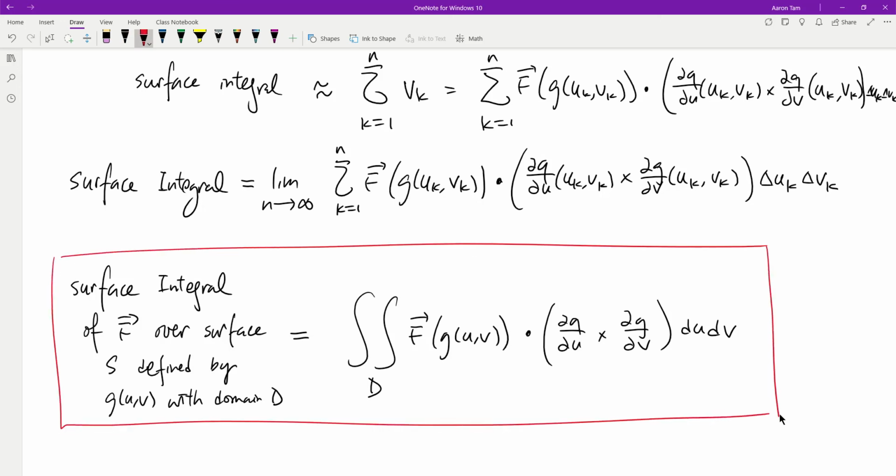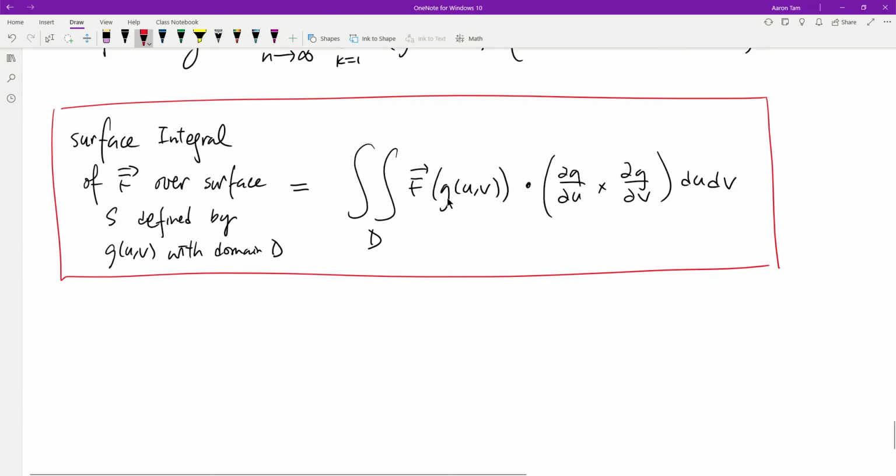Now notice that this surface integral is actually integrating over D, the domain of g of uv, because this is an integral over uv. Surface S is defined by x, y, z, because that's the output of g. Okay, so that's a little different. Now, here's the interesting part.